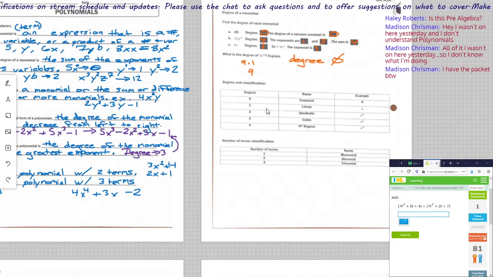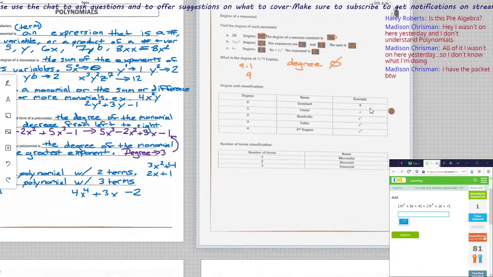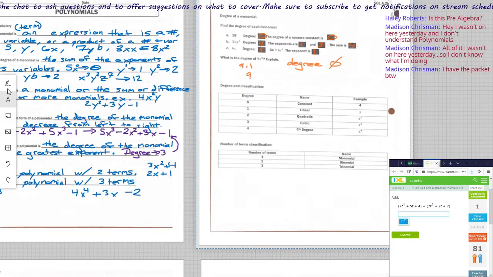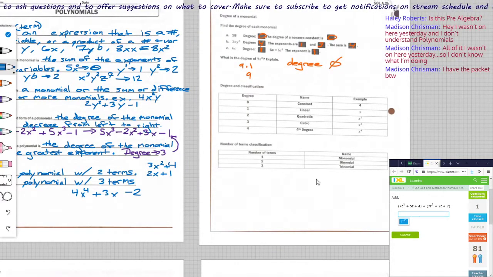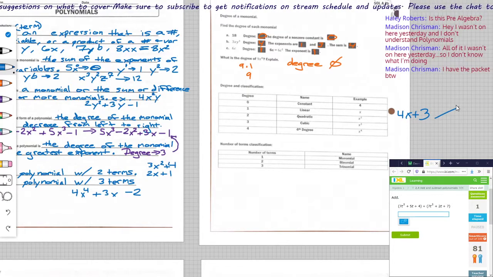For 1, that's going to be linear, and you can think of when we were dealing with a linear equation, like 4x plus 3. That would look like a linear line, or a direct variation would look like something like this.